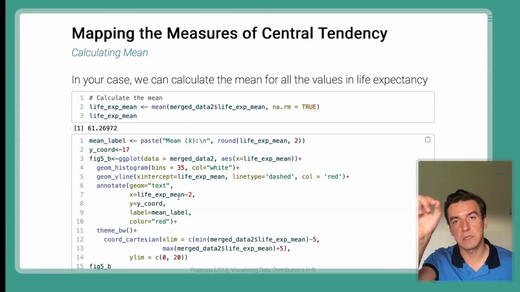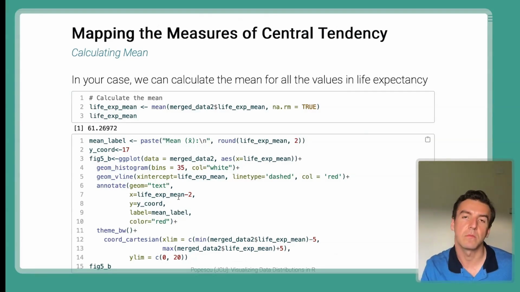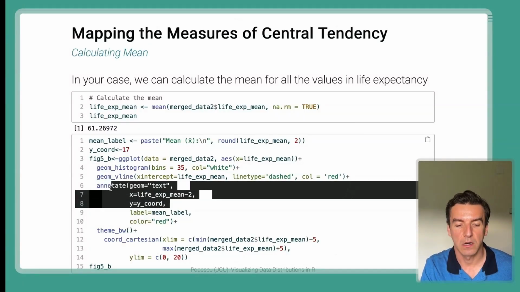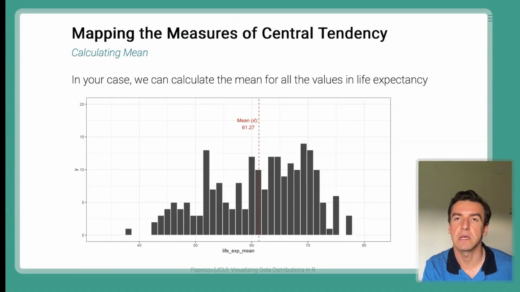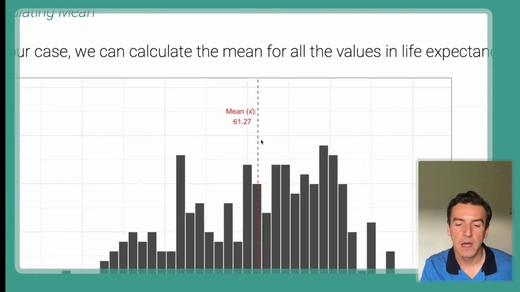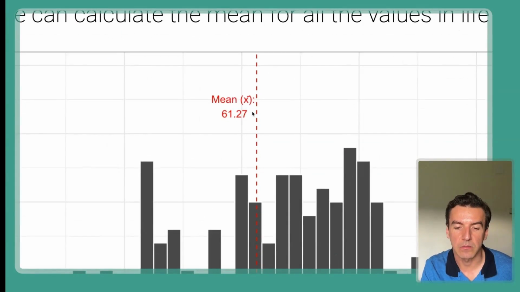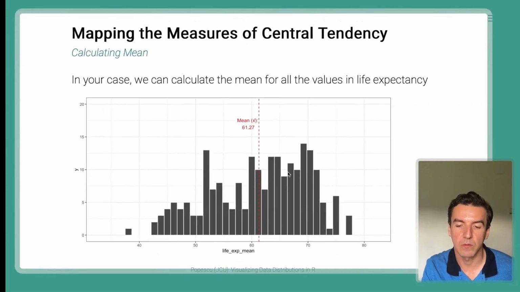Essentially, I'm trying to write in red, mean, right? In order to annotate this, I have to be specific about where I want this annotation to appear, but I wouldn't worry too much about it. If you run this, you will get a graph that looks like this. Very helpful. We have the histogram with the 35 bins, and then we have the mean here, the mean x bar, which is 61.27, the one that we just calculated.